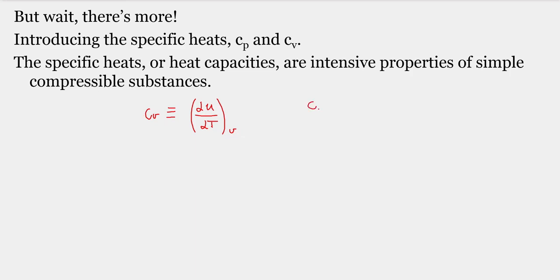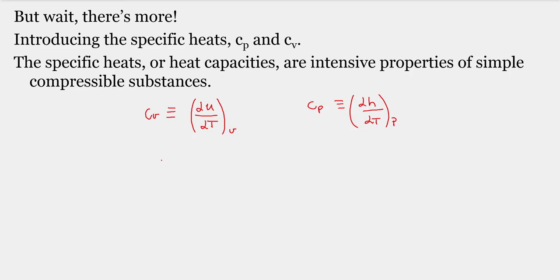Okay. Its sibling, the sister or brother, if you prefer, of the specific heat at constant volume is the specific heat at constant pressure. It is, by definition, the partial derivative of the enthalpy with respect to temperature while holding the pressure constant.